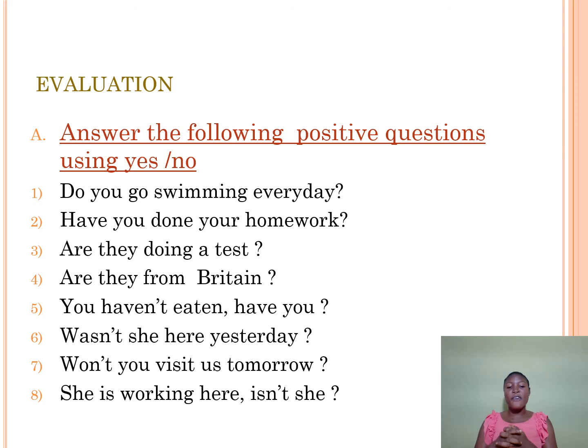Now, from number 5 to number 8 are questions in the negative form. So you have to answer them using answers given to negative questions. Number 5. You haven't eaten, have you? Number 6. Wasn't she here yesterday?